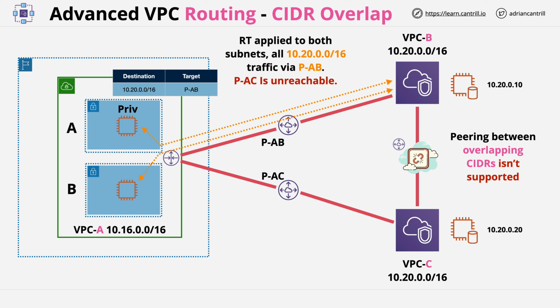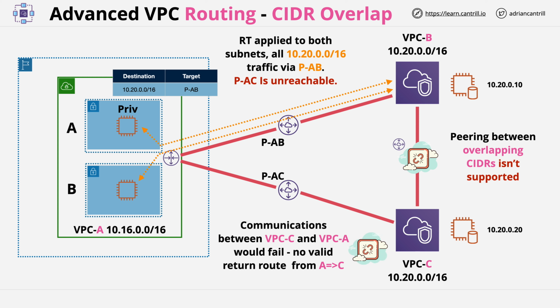So there's no way that VPC A can communicate with VPC C. But it also means that VPC C won't be able to communicate with VPC A because there's no route back for the return traffic. Handling any form of routing when you have CIDR overlaps is a problem, and it's one reason why I always suggest not to have overlapping address space within AWS and any other networks external to AWS.